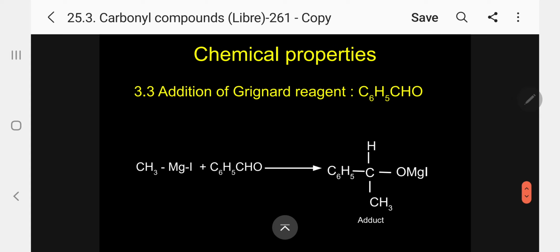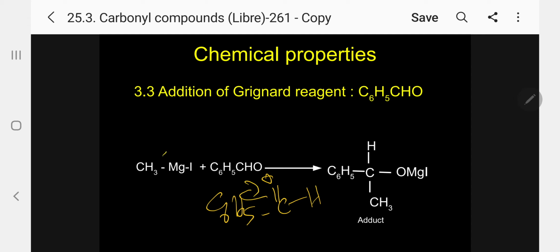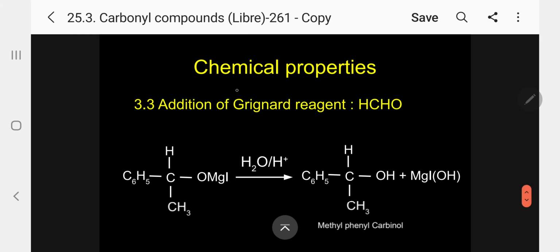In the case of benzaldehyde, the third aldehyde, as usual again you kindly follow: double bond O. So the same thing. This is the adduct formed, and this adduct undergoes hydrolysis to produce the corresponding alcohol.